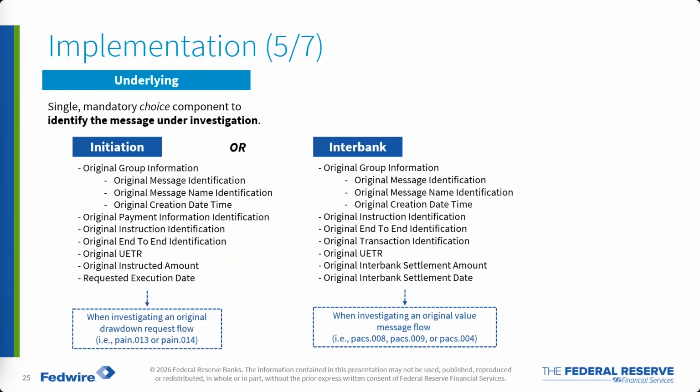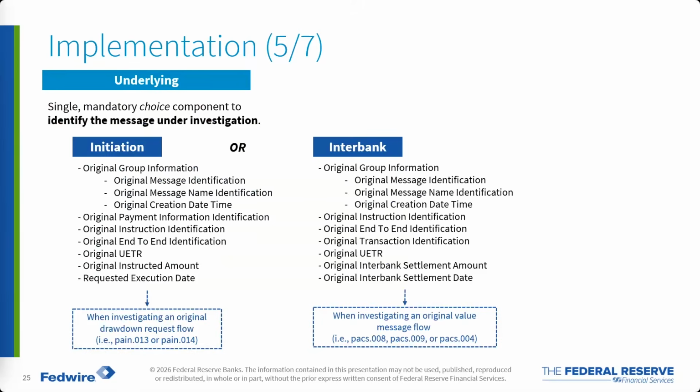Now, what we had in our implementation that went live in July 2025 was enabling use of the initiation box, which you have to use when you're investigating a drawdown request or drawdown response, or the interbank box that you were using when you were investigating a value message, for example, a pacs.008 customer credit transfer, a pacs.009 financial institution credit transfer, or a payment return, pacs.004.